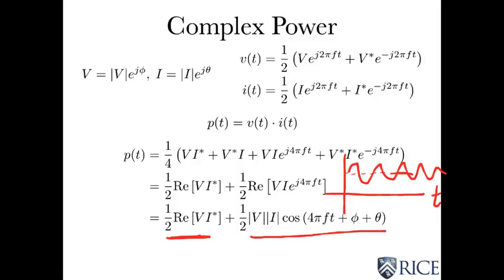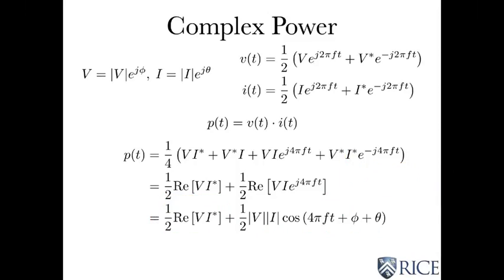Well, we know that energy is the integral of power, so the time-varying part really doesn't contribute over the long term to energy consumption. Sometimes it goes to zero, when this plus this goes to zero, and sometimes it goes positive. The only thing that contributes long term is that term, and that's called the average power.